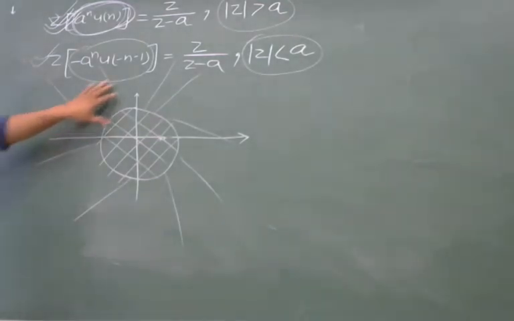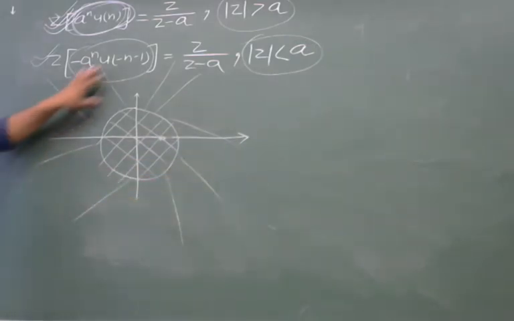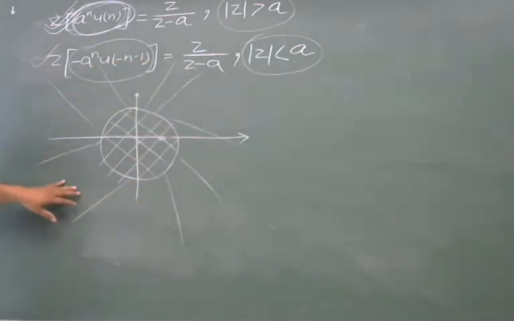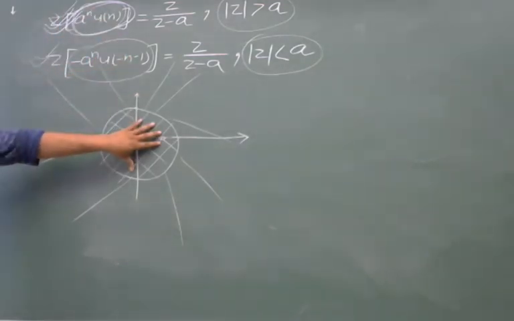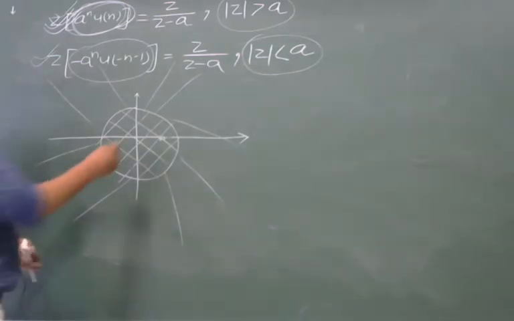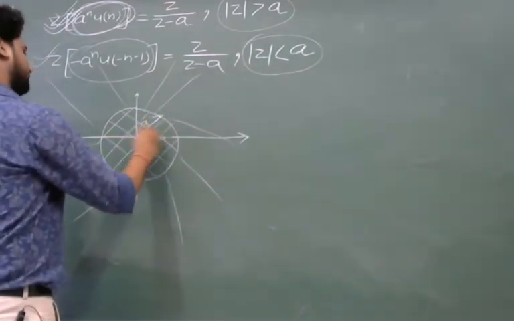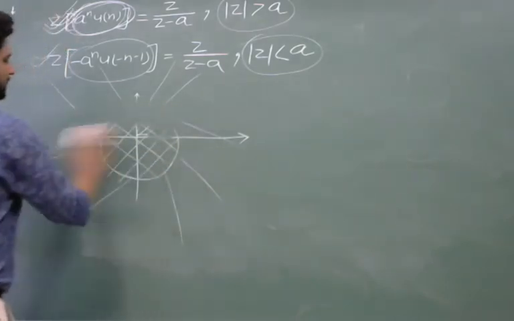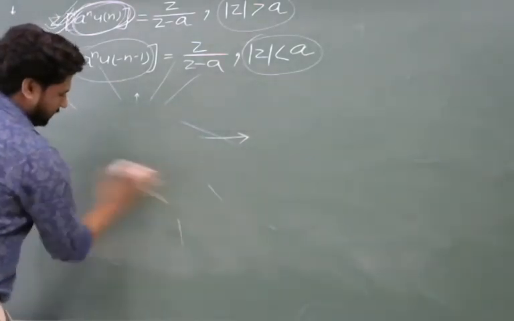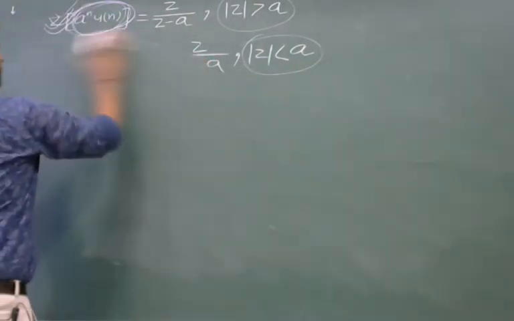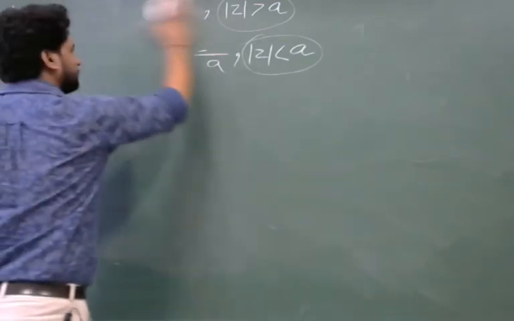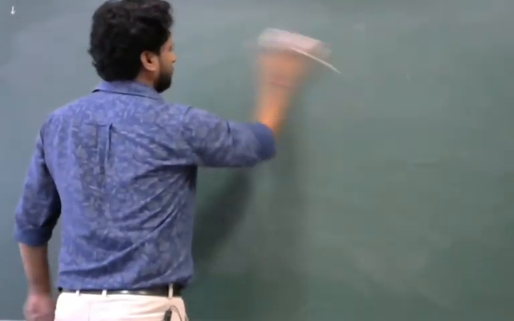The Z transform of the first signal will exist in this region, whereas the Z transform for the second signal will exist in this region, meaning inside the circle whose radius is equal to a. So this is the importance of defining the region of convergence of the Z transform of a given sequence. These are two different signals having the same Z transform.